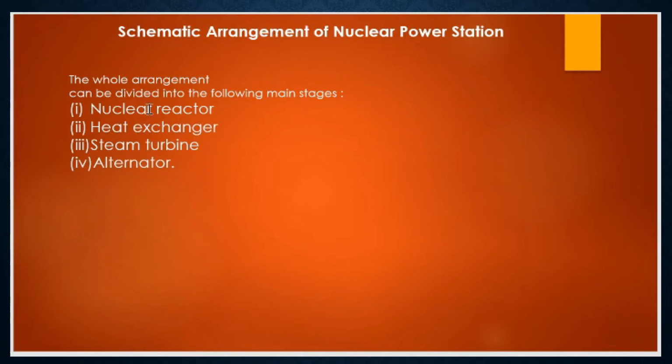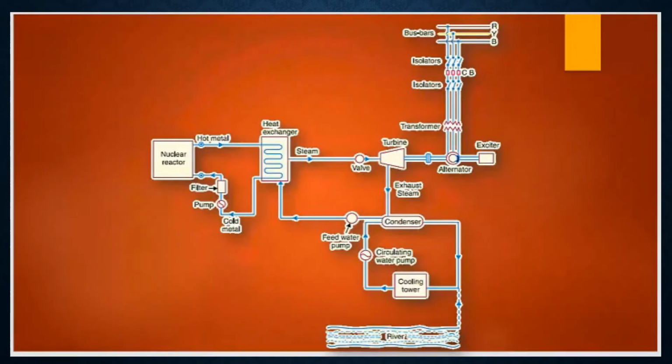The only two extra things we have to learn in the nuclear power plant are the nuclear reactor and the heat exchanger. In the next slide, we are going to see the schematic diagram of the nuclear power plant.